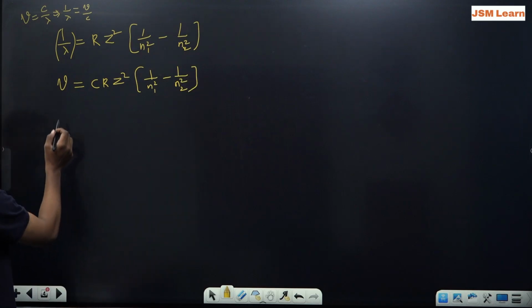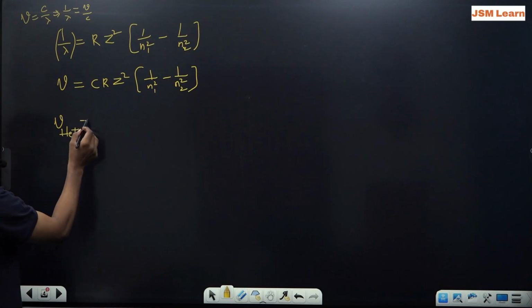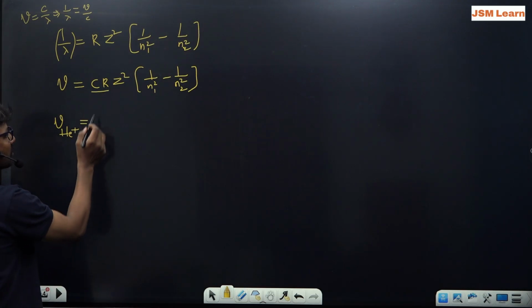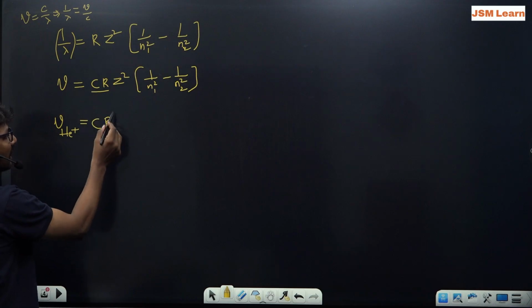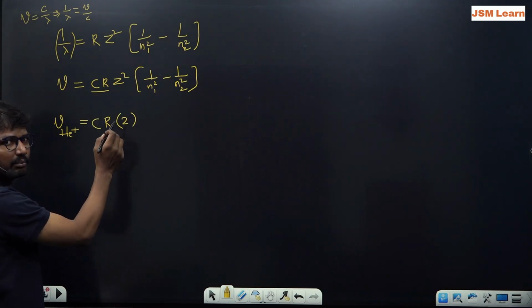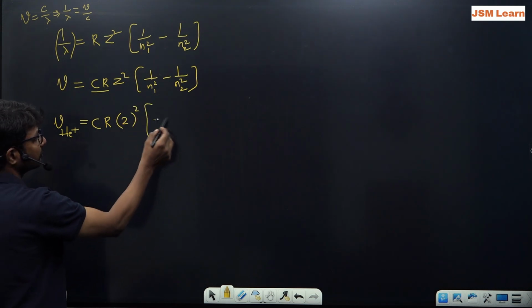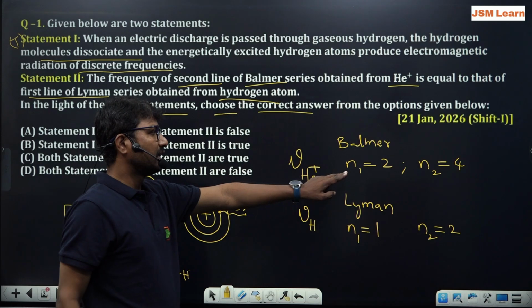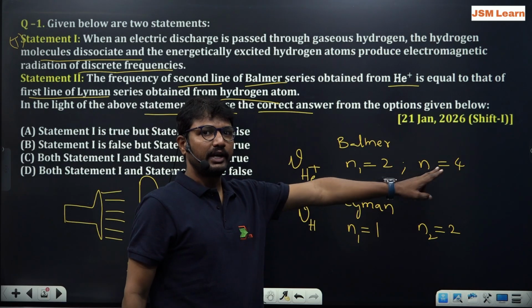Here first I am finding the frequency of He plus, the second line of the Balmer series. Just keep these constants as they are, c into R. Z for helium is the atomic number, 2, so 2 square. For the second line of Balmer, n1 value is 2 and n2 value is 4.